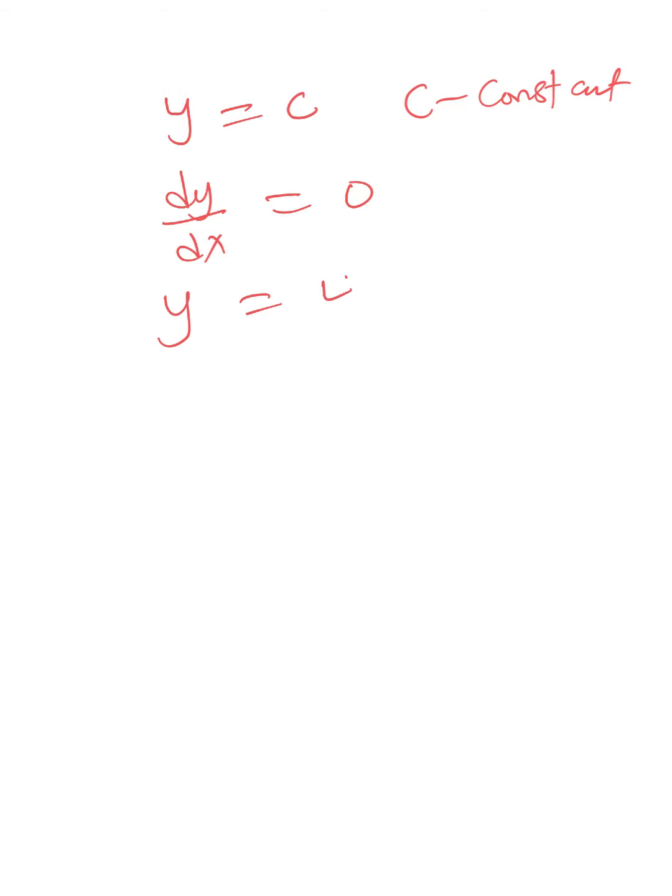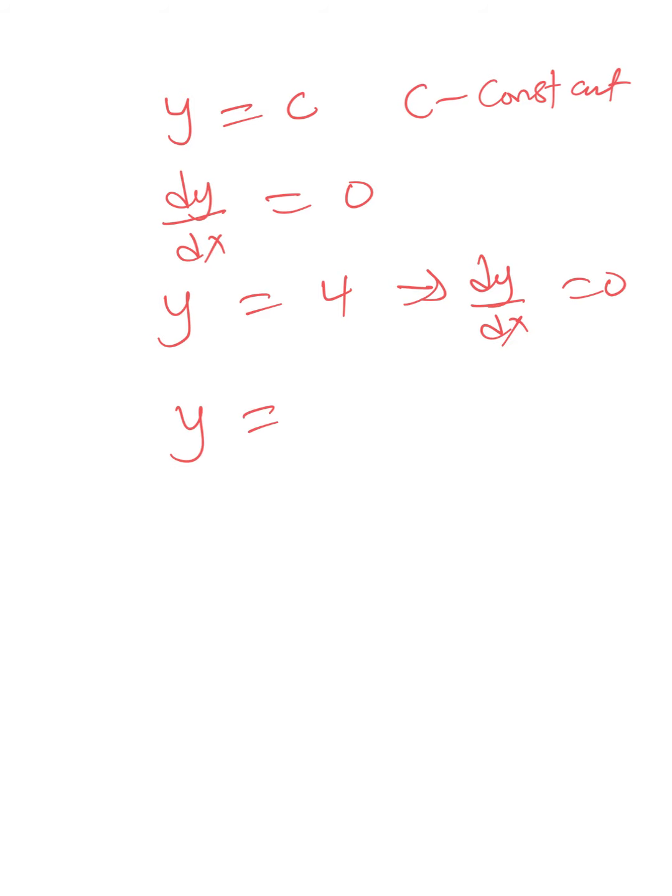So the last important result I'll talk about here is when y is equal to a constant, c is a constant, then the derivative, dy by dx, is equal to 0. If you have y equals 4, it means that the derivative is equal to 0.